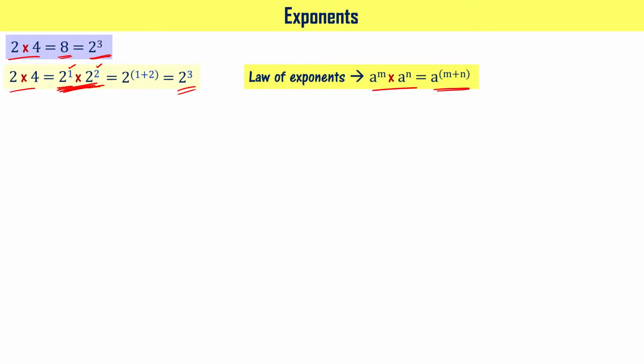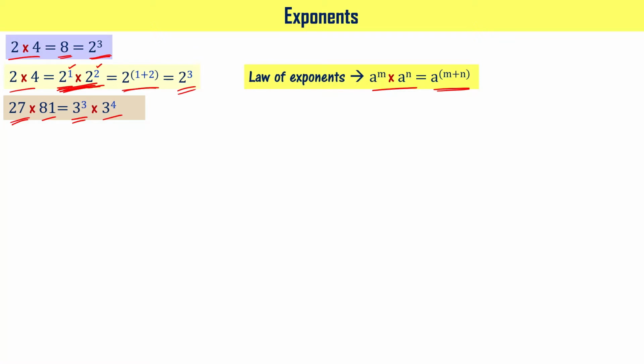In this process, what we have done is we have converted the multiplication problem into a problem involving addition of powers. Please note this. 27 times 81 can be written as 3 cube times 3 power 4, right? 27 is 3 cube and 81 is 3 power 4.